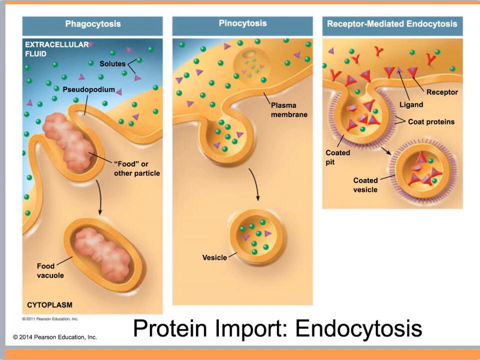Another form of endocytosis is referred to as receptor-mediated endocytosis. How this works is that there can be cell surface receptors on the surface of the cell that recognize very specific particles that are outside the cell. So if the receptor is this red structure here, you can see it has a very specific shape. It's not binding to these green balls here.